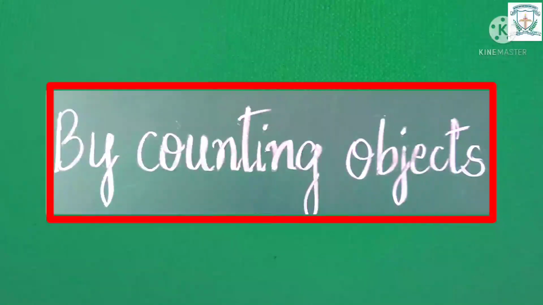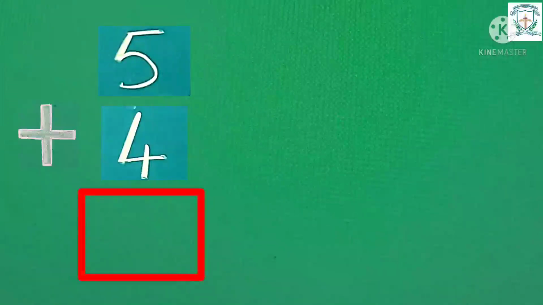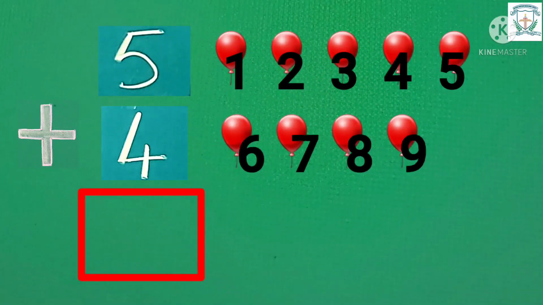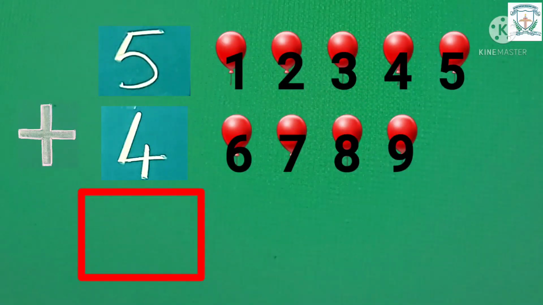Let us first add 5 plus 4 by drawing the objects. We first draw 5 balloons and 4 balloons. Now let us count the number of balloons. We get 9 balloons. So we say 5 plus 4 is equal to 9.